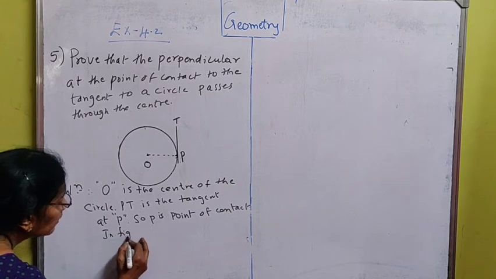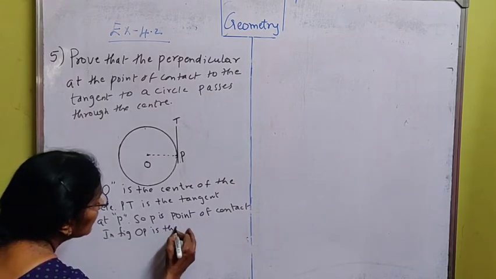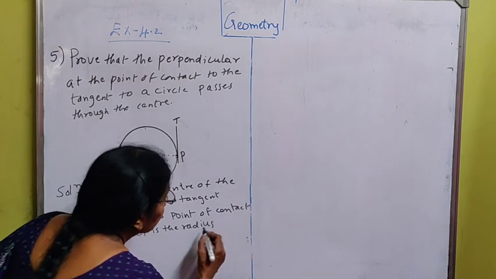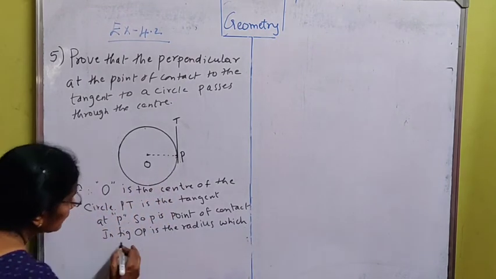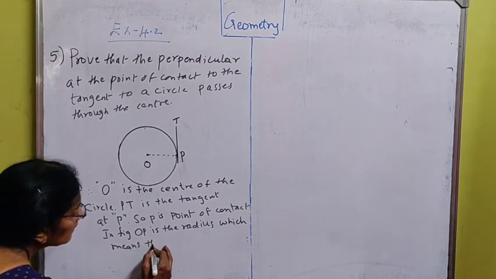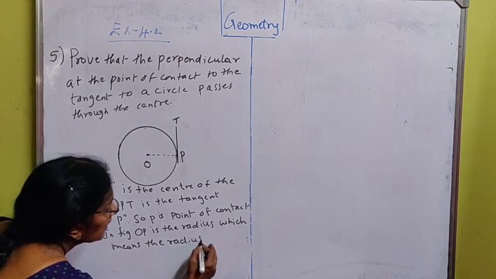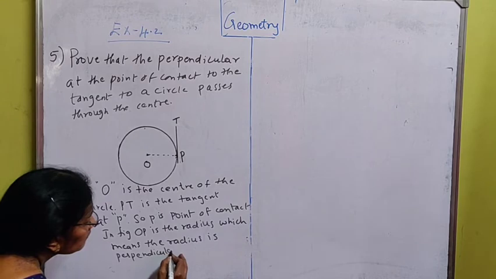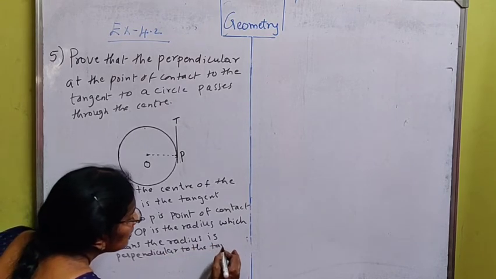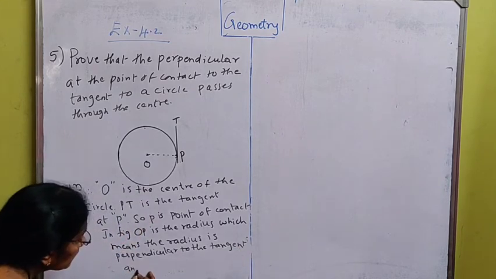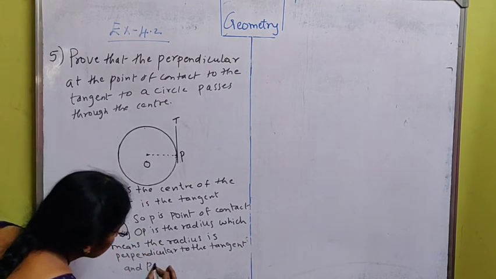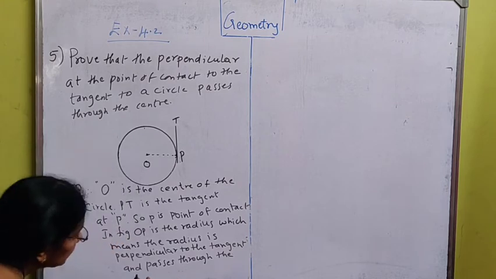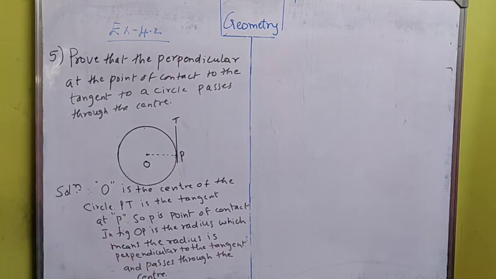In the figure, OP is the radius, which means the radius is perpendicular to the tangent and passes through the center. Very important.